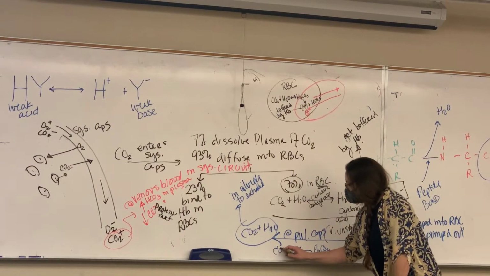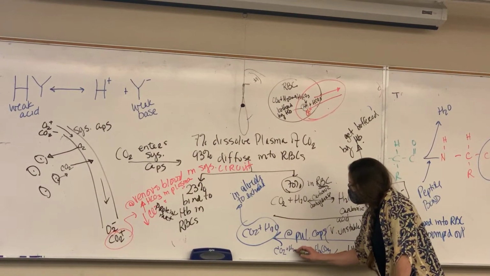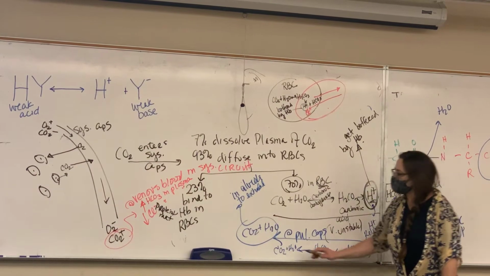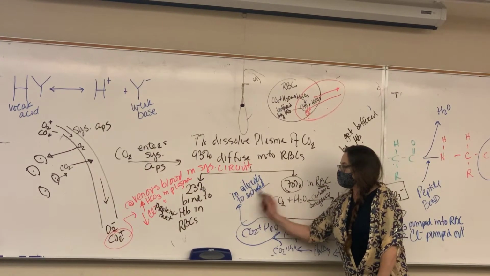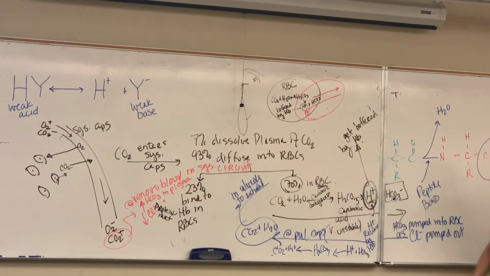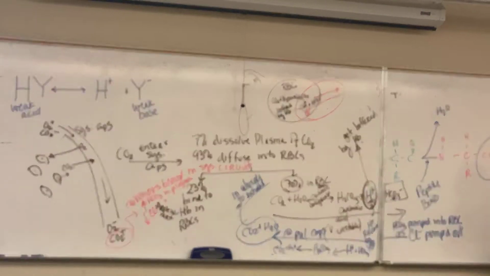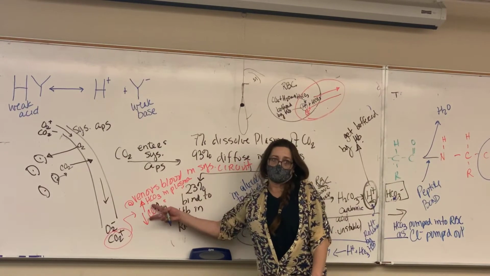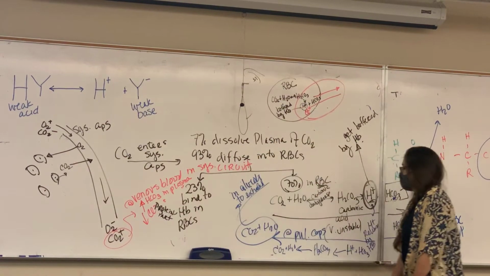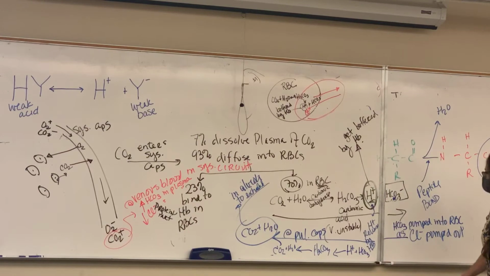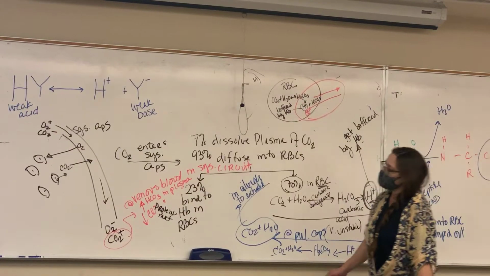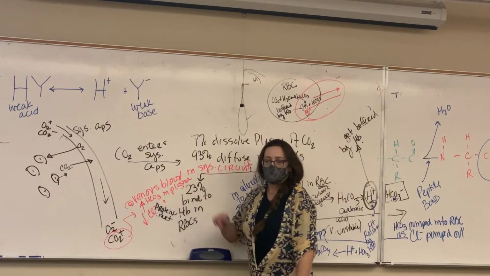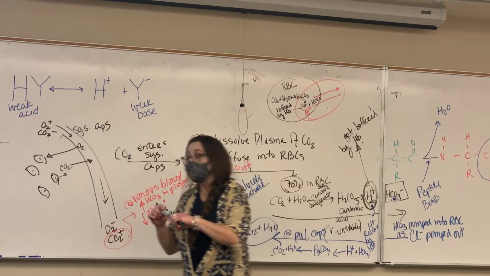That then forms CO2 and water, which diffuses out of your red blood cells into the alveoli so that it can be exhaled. So in your pulmonary capillaries, you would see these numbers be flipped. You would see that these numbers would be opposite because they're being transported in the opposite direction.